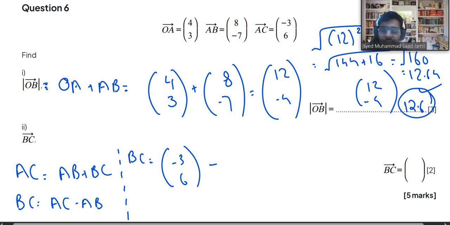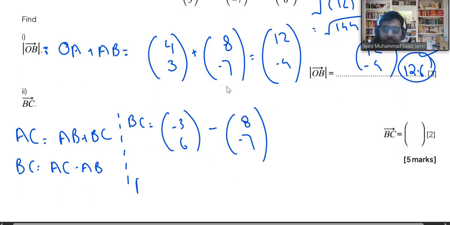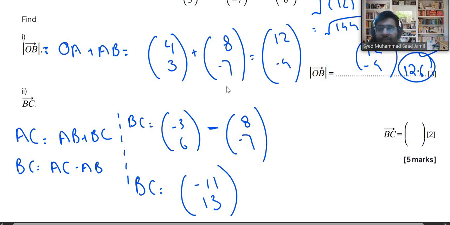Alright, negative AB is negative 8, negative 7. So this will become BC is equal to negative 3 negative 8 is negative 11. 6 negative negative is positive. So 6 plus 7 is 13. So your answer is negative 11, 13.